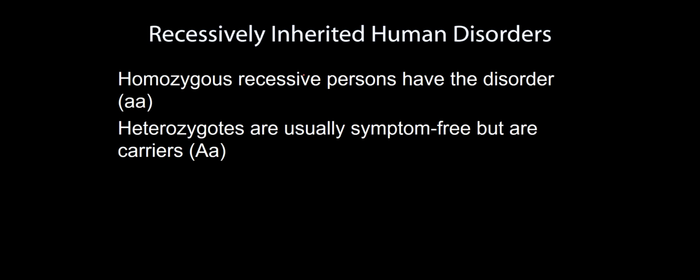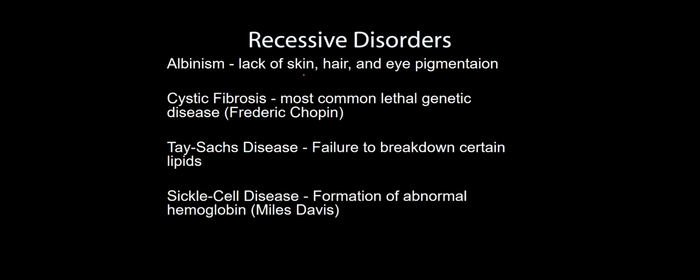Okay, so instead of thinking of green peas, think that that person would have the disorder. They would have symptoms of the disorder. And likewise, the heterozygote, just like the hybrid pea was yellow, and it was completely yellow, it wasn't partially green. The heterozygote in humans of recessive inherited disorders are usually symptom-free, but they do carry the allele.